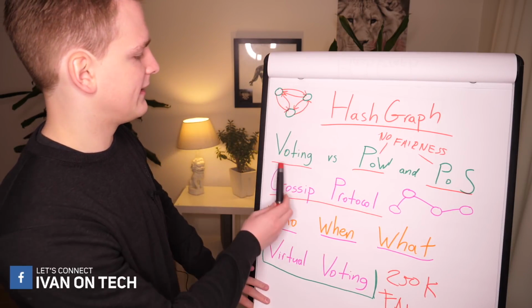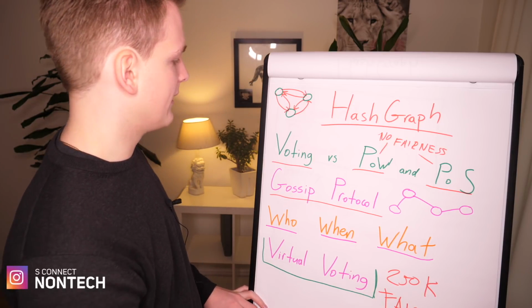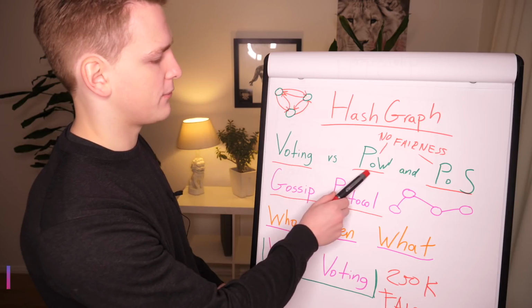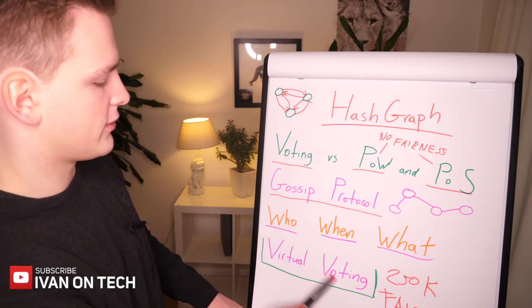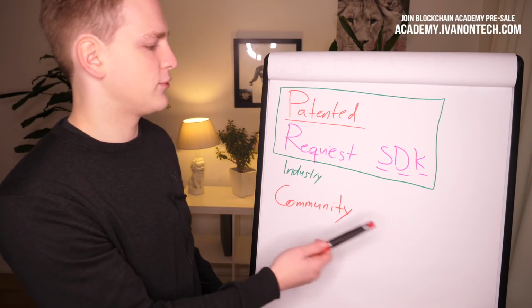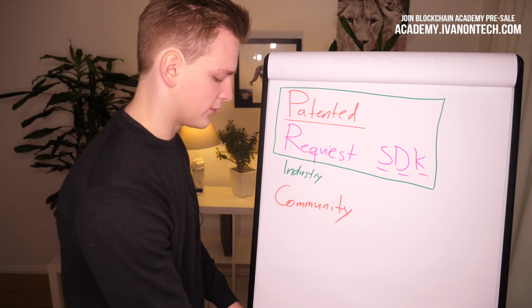But guys, this is the overview you need to have in order to understand this. This is voting versus proof of work and proof of stake and other consensus algorithms, and they want to do virtual voting, and there are these issues with the patent that you need to request an SDK, and it might very well be the case that it is for the industry.